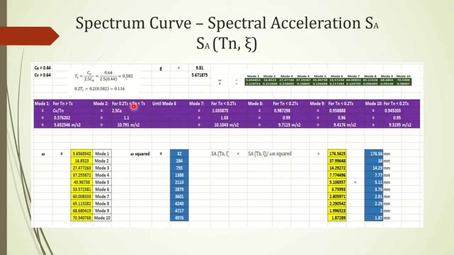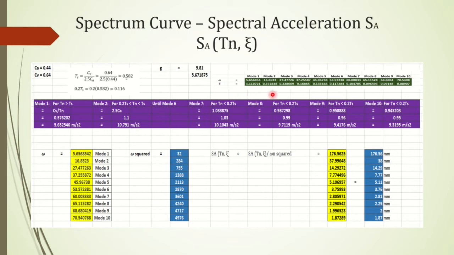Now, sa mode 2, ang TN natin is 0.37. Since ang 0.37 is less than the TS but greater than 0.2 TS, we'll be using the formula of 2.5 CA. Same lang ito dun sa example ni sir, no? Ang value na is 1.1 multiplied by 9.81, we will get the value of 10.791 meter per second squared.